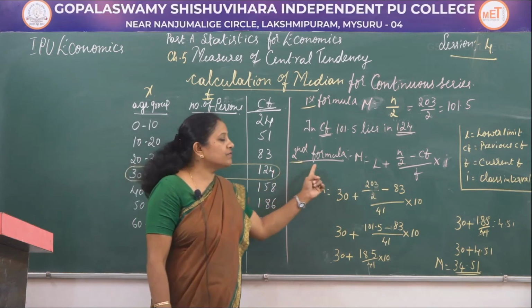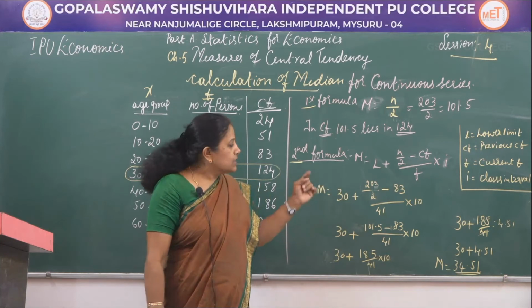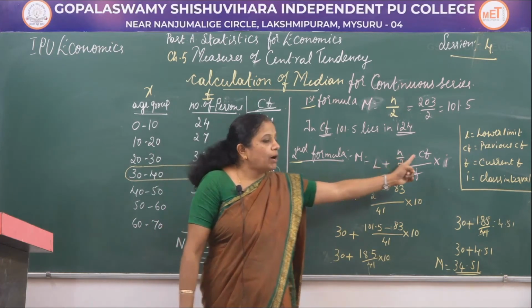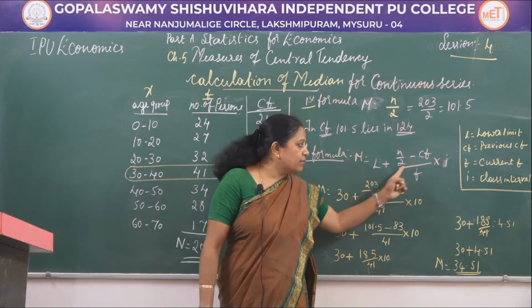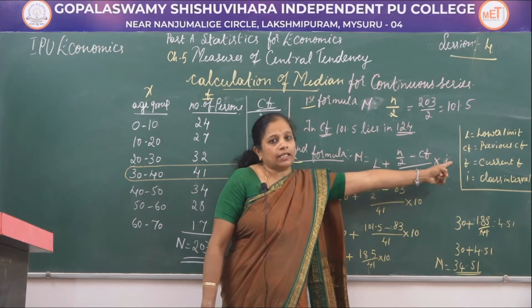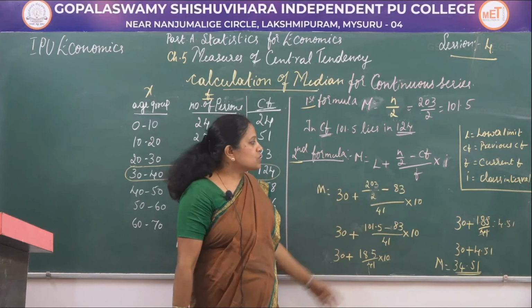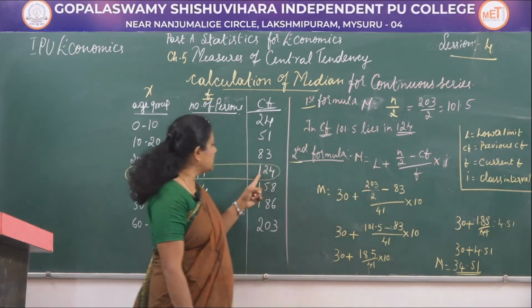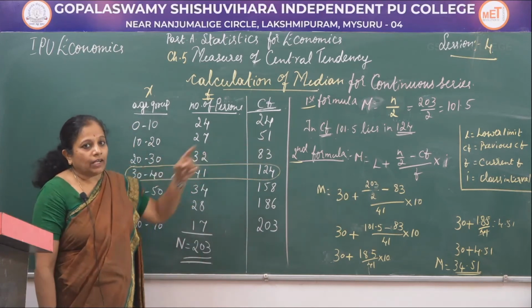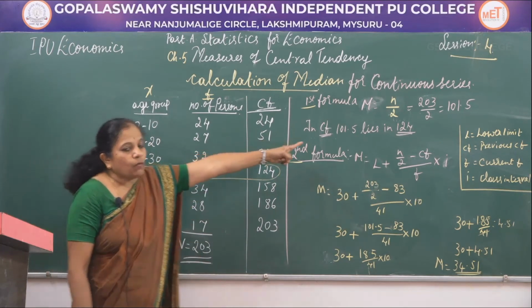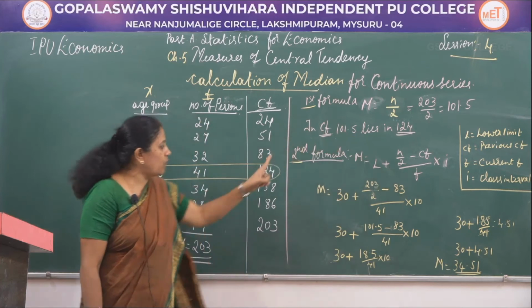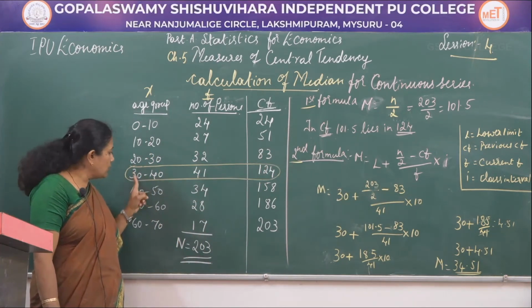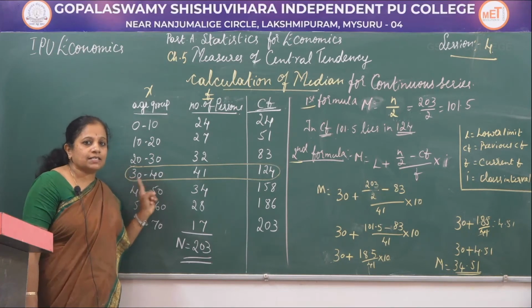The next step is, we'll write the second formula. The second formula is L plus n by 2 minus CF divided by f into i, that is the class interval. L is the lower limit of the class in which the median value lies. 101.5 lies in 124, so we will mark this, and the lower limit of this class is 30.